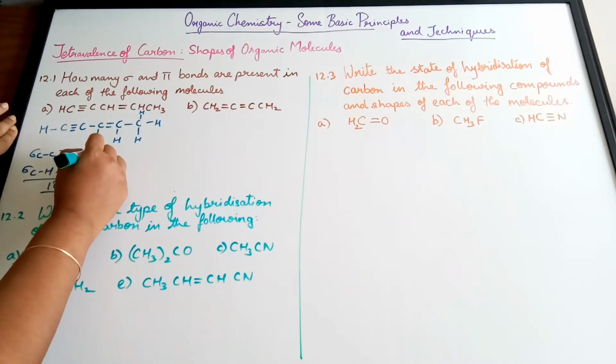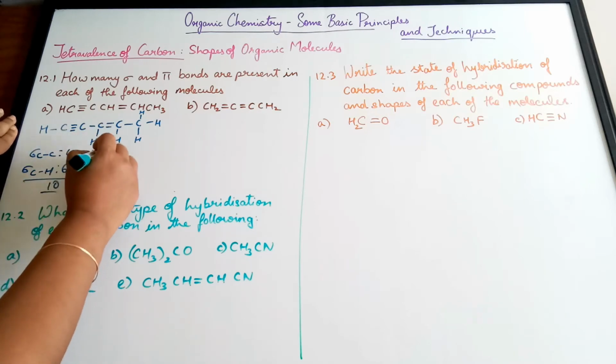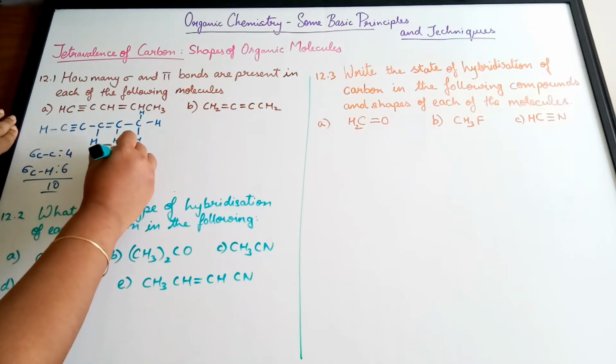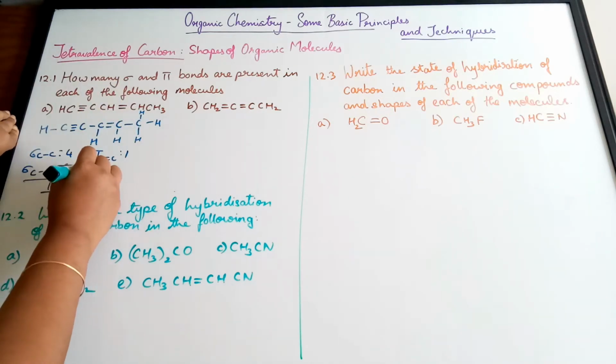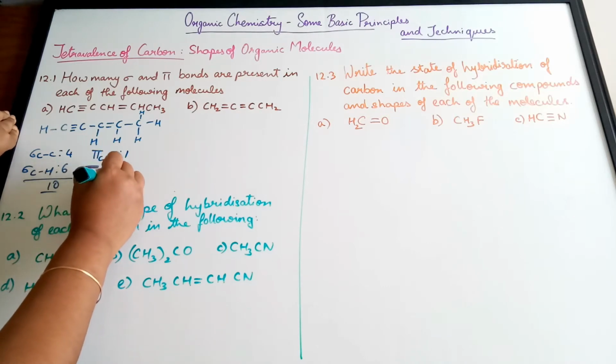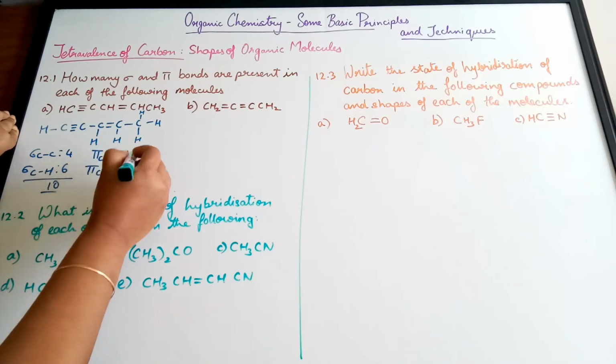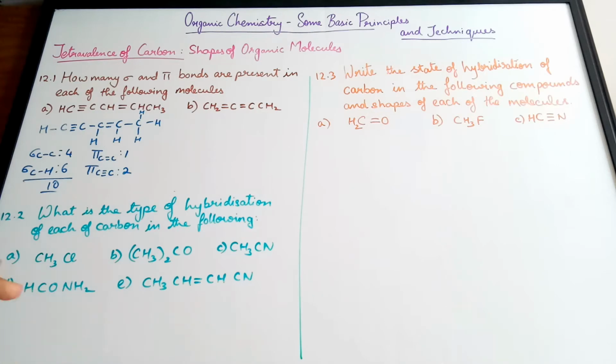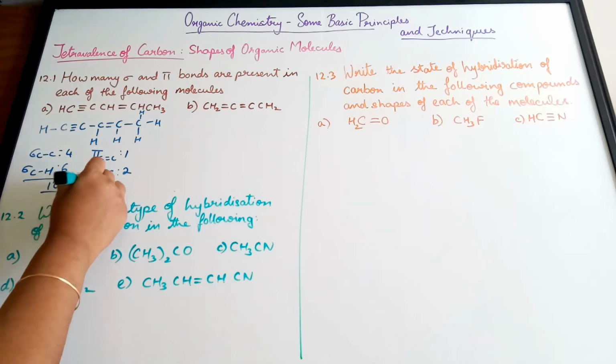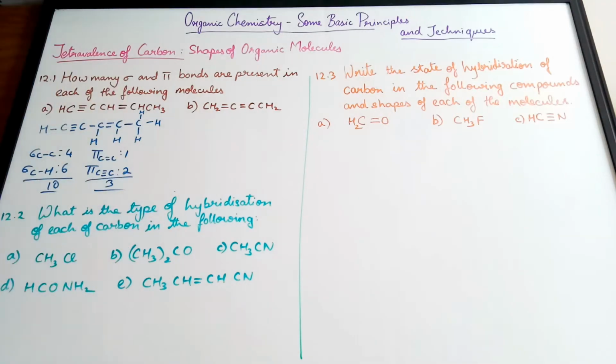So let's write pi C double bond C has 1 pi bond, whereas pi C triple bond C will have 2 pi bonds, because one is sigma, the remaining 2 are pi. As we learned, they use up the unhybridized p orbitals for this particular type of bonding. Okay, and so the number of pi bonds in this molecule is going to be 3.